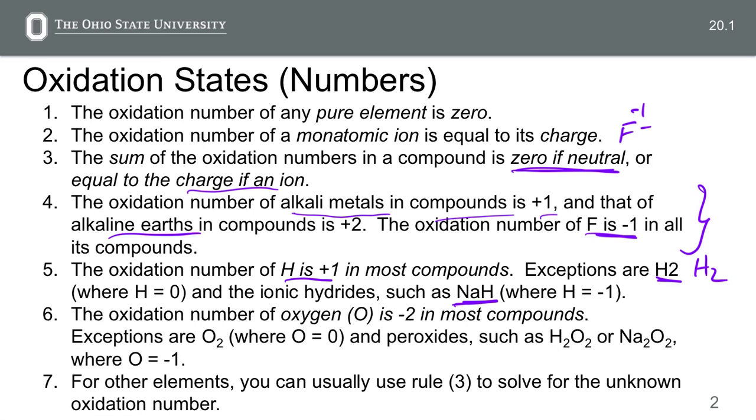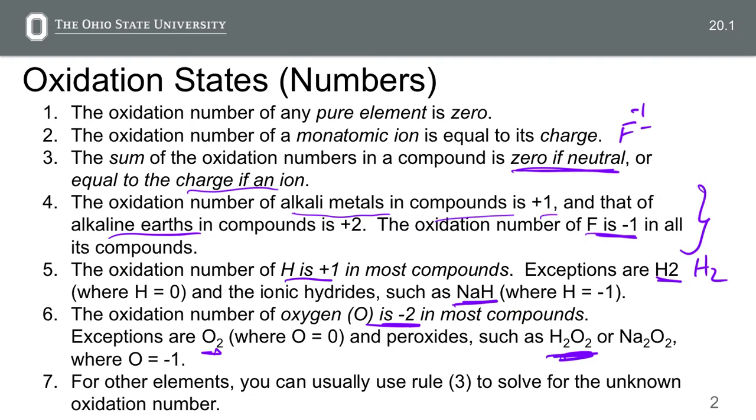Okay. So, usually hydrogen is +1, and then oxygen usually is -2 for its oxidation number. Those two are really useful tools to remember. There are exceptions. O2, because that's the elemental form of oxygen, the oxidation number of oxygen in that form is 0. And then the peroxides, hydrogen peroxide being a good one to keep an eye on.